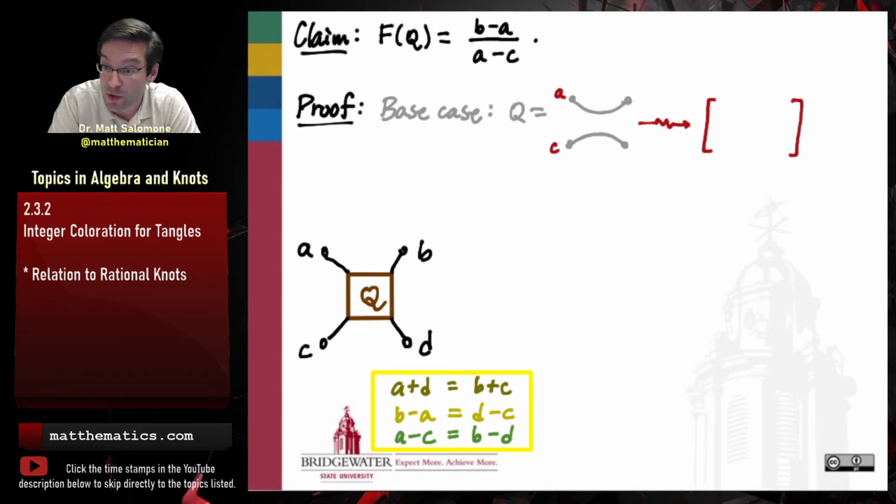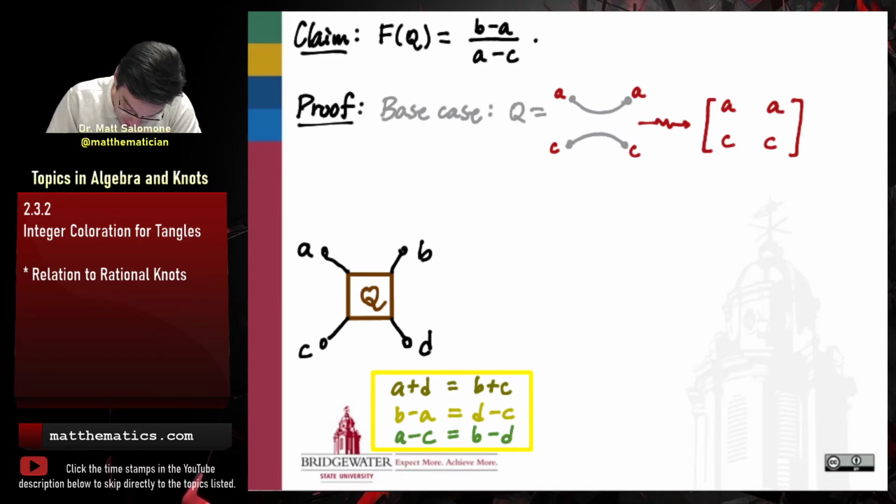What are the other two corners going to be? The other two corners are A and C again, because all I've done is connect this corner to this corner with a single unbroken arc. So these other corners are going to remain A and C, respectively. And so every color matrix that I could come up with for an empty tangle is going to look like this.